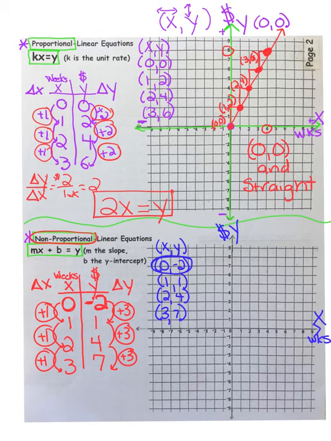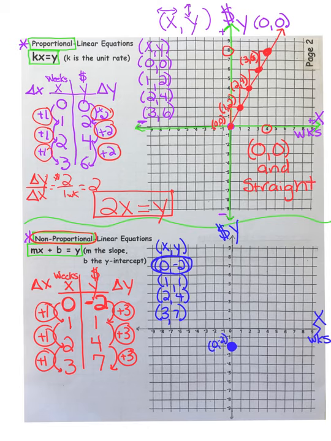To begin with, we're not going to start at 0, 0, because remember, Jordan owed his sister $2. Our first point is right here at 0, -2.